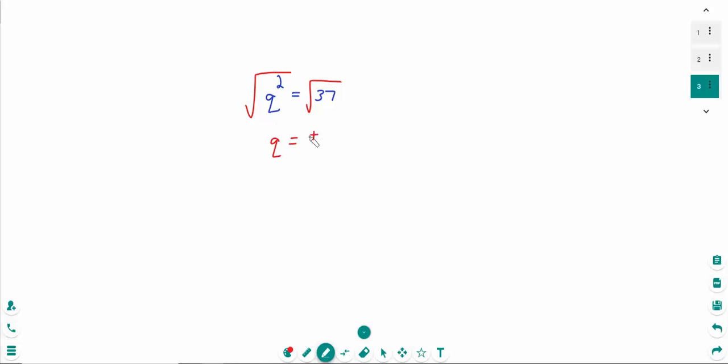But on the opposite side, I need this plus or minus. And then I have the plus or minus square root of 37. Square root of 37, well, 37 can't be reduced. That's actually a prime number. So we don't know what the square root of 37 is in terms of a decimal, but we'll leave it the way it is. So q is equal to plus or minus the square root of 37. It's that simple. All right. Very good. All right, excellent.